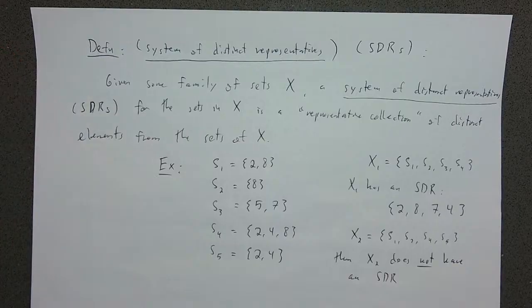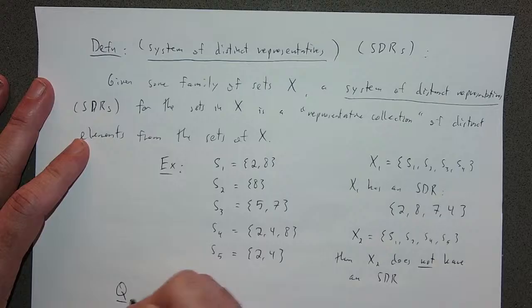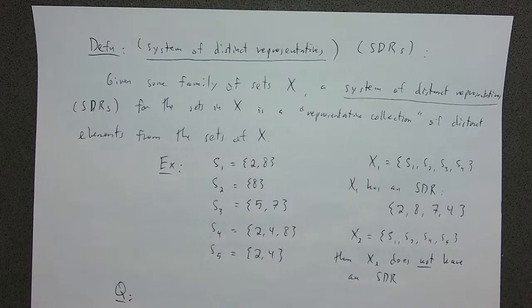And you see this example fully illuminates what is involved in this process. Okay, but a very natural question, of course: under what conditions will a finite family of sets have an SDR?